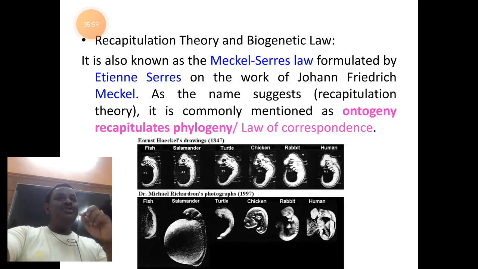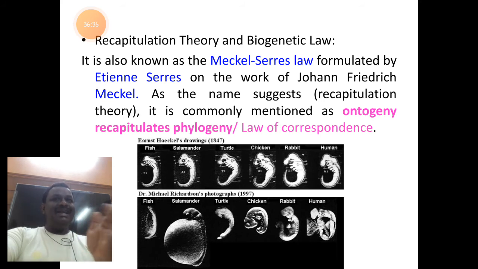This biogenetic law is also known as Meckel-Serres law because it was given by Etienne Serres and Johann Friedrich Meckel. Meckel suggested the term that we make use of in the law, called recapitulation. So this concept of recapitulation was given by these two scientists. The meaning of recapitulation is repetition.